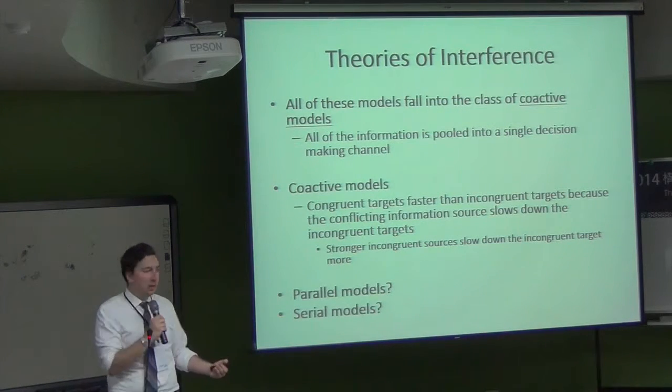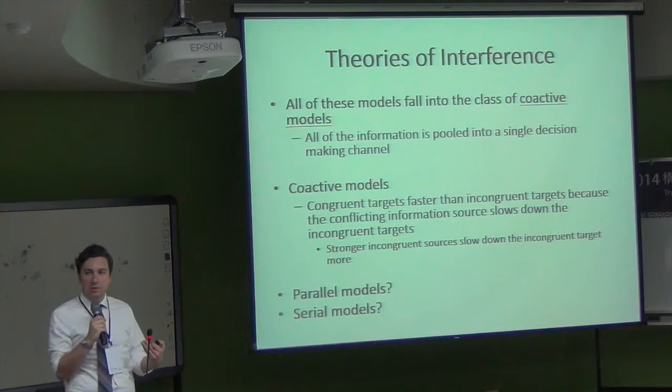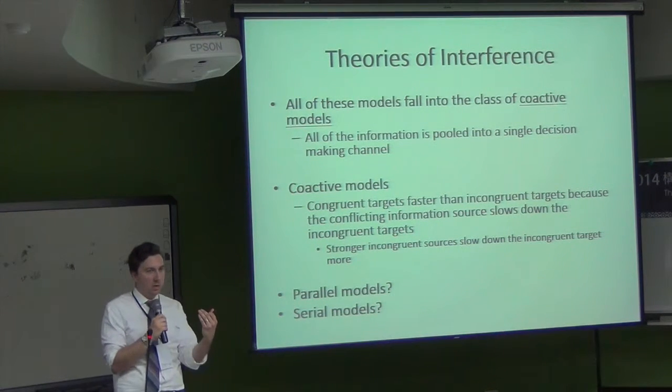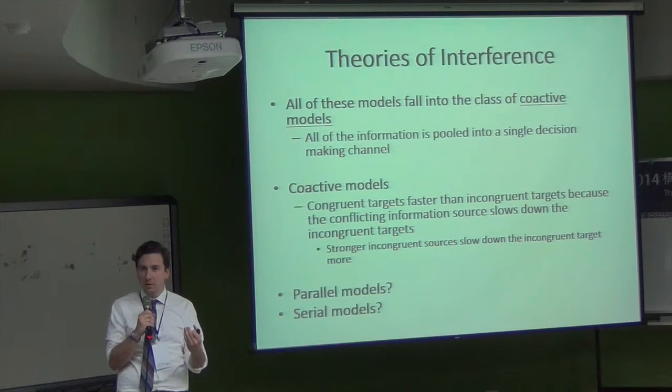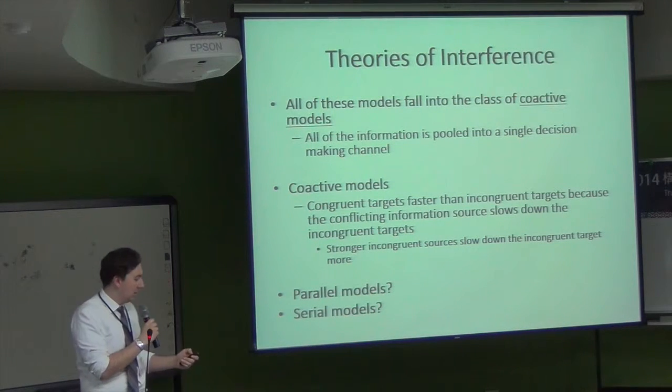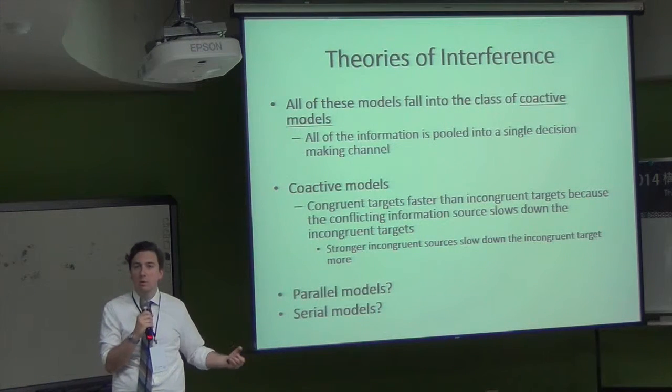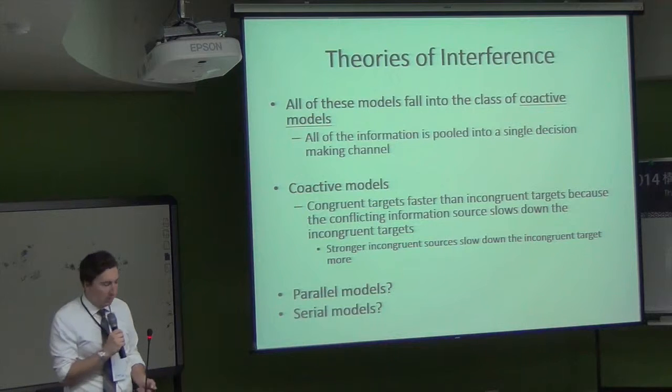But that's not the only way in which you can process this type of conflicting information. So coactive models do provide one way of understanding the influence of conflicting information. The idea is that congruent targets are faster than incongruent or conflicting targets, because the conflicting information slows down the incongruent targets compared to the congruent targets.